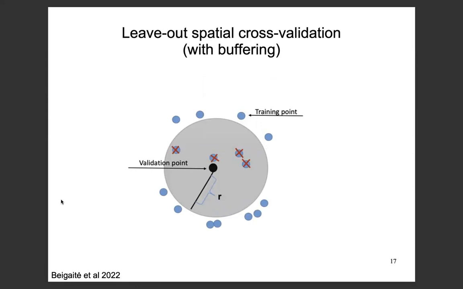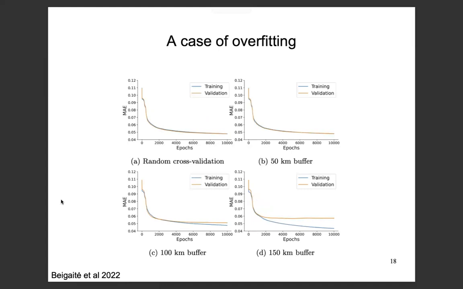If we have one point that we select for validation in leave-one-out cross-validation, then we choose a radius around it and throw away points that are within the radius, such that our nearest training point is not too near to our testing point. That's known, and it may or may not be important. It may be more or less relevant depending on the circumstances.